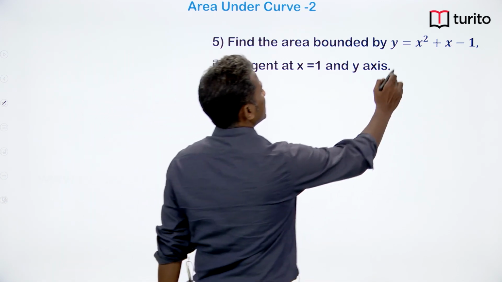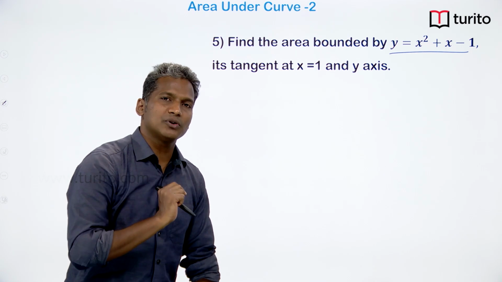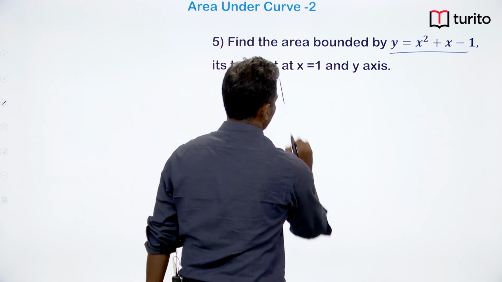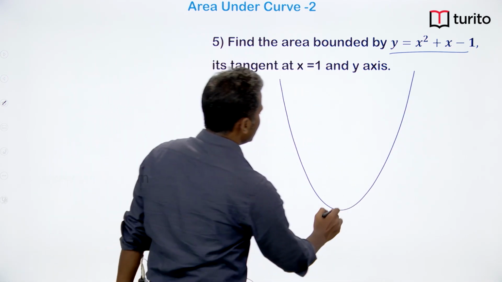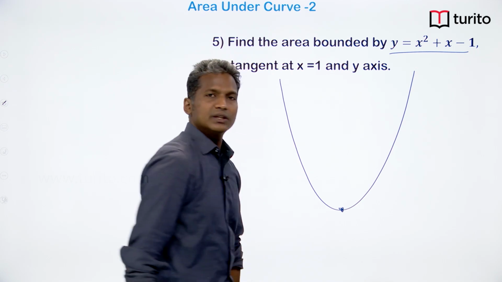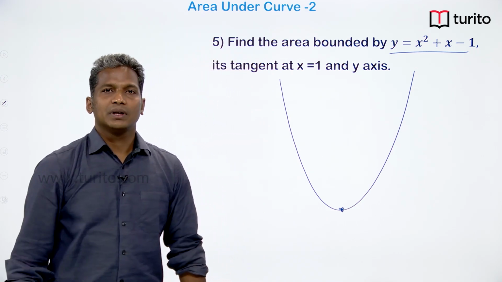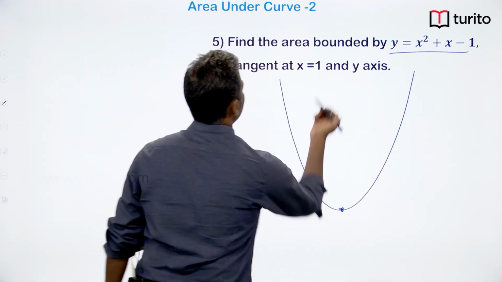We know that this is a parabola because coefficient of x square is positive, it is an upward parabola. So let us assume that this is my upward parabola, and this point can be calculated using the formula minus b by 2a, minus d by 4a. So here if I apply that formula, what do I get?